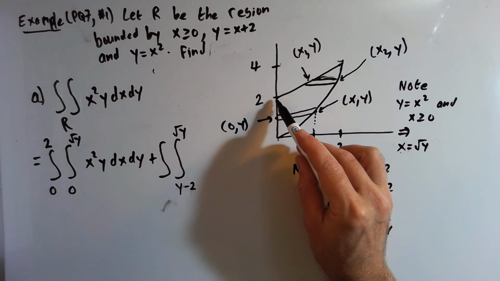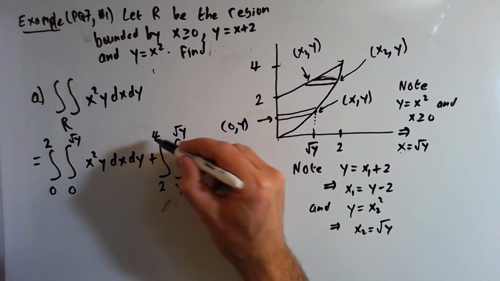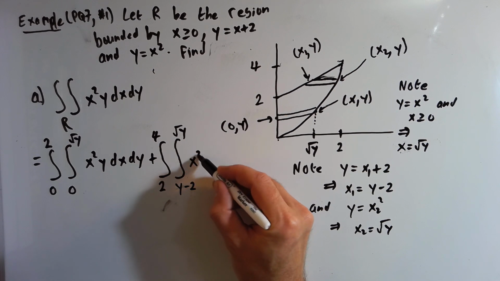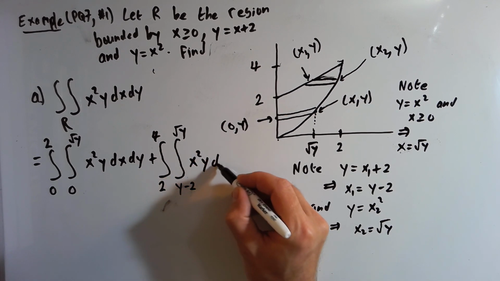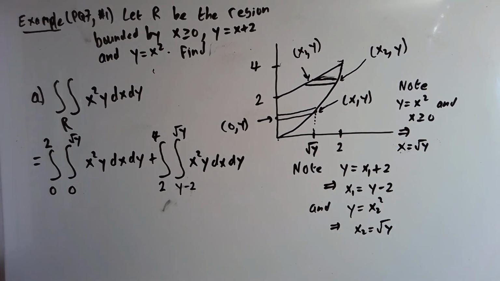And the y goes from 2 to 4, so it'll be 2 to 4 of x squared y dx dy. Okay, so it's going to require two integrals to figure this out.